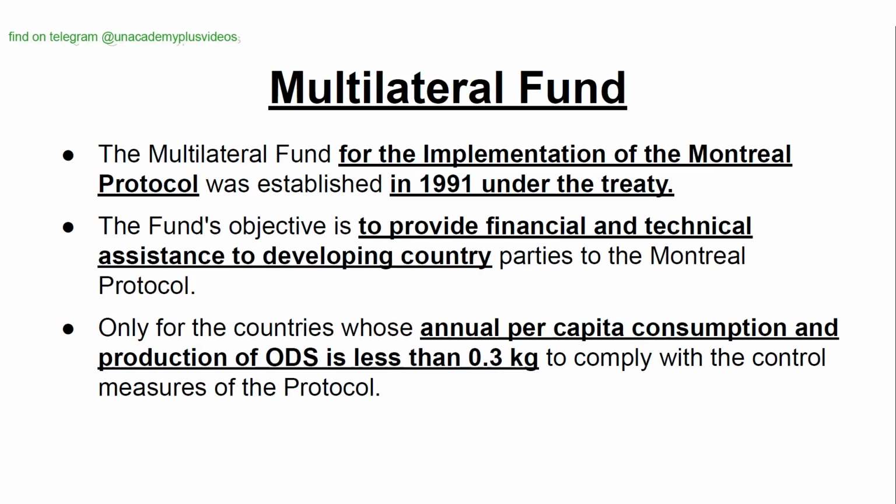Multilateral Fund. The Multilateral Fund for the implementation of the Montreal Protocol was established in 1991 under the treaty. The fund's objective is to provide financial and technical assistance to developing country parties to the Montreal Protocol, only for the countries whose annual per capita consumption and production of ODS is less than 0.3 kg, to comply with the control measures of the protocol.